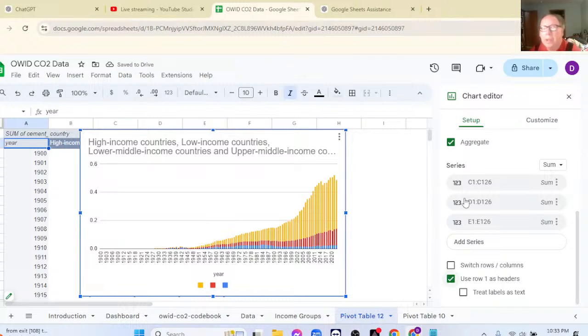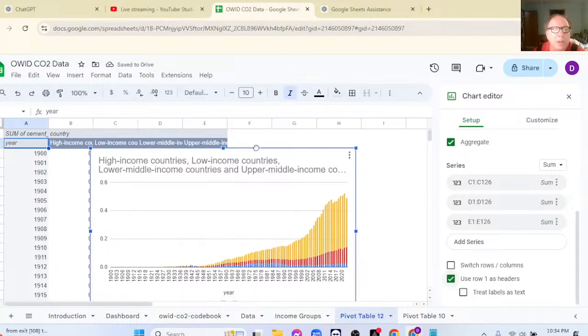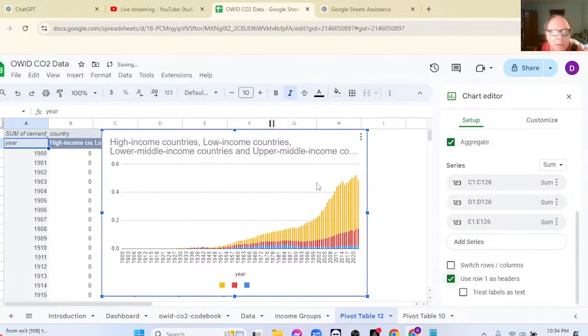So how come we're not seeing this? And we're only seeing 4 columns.